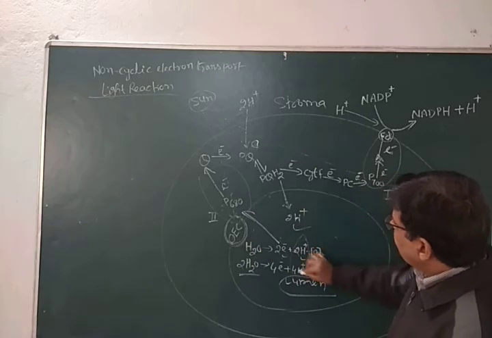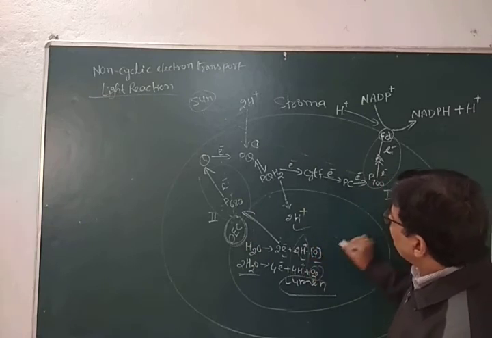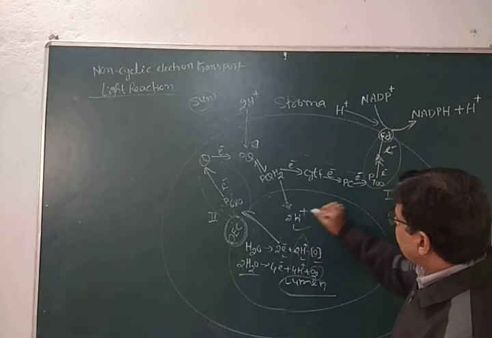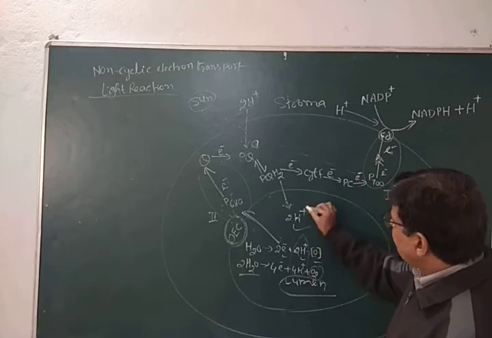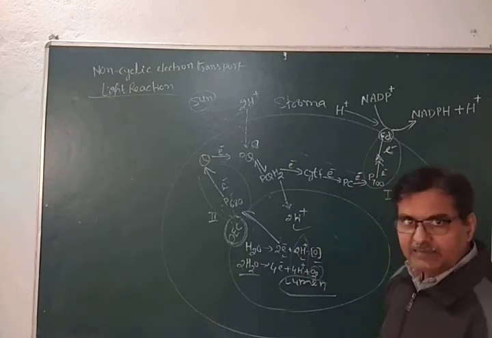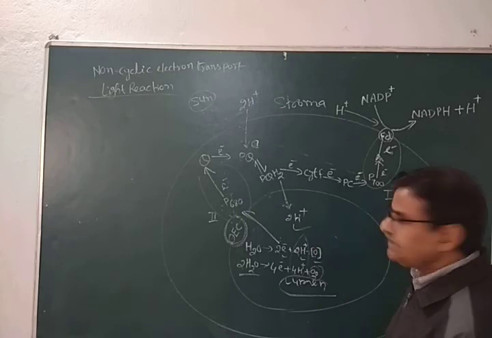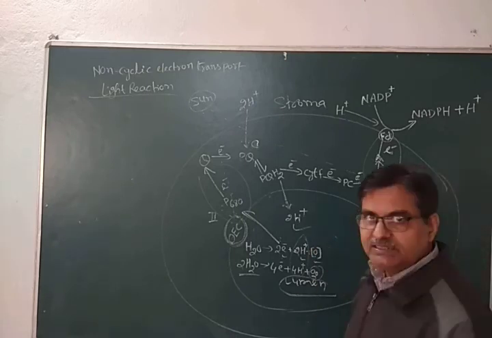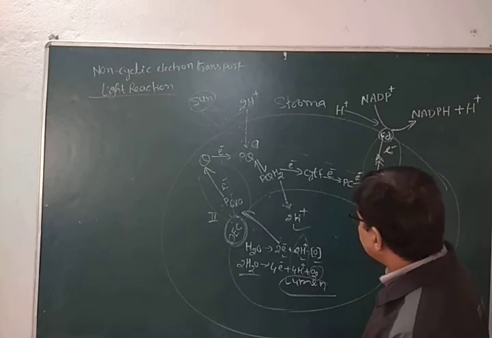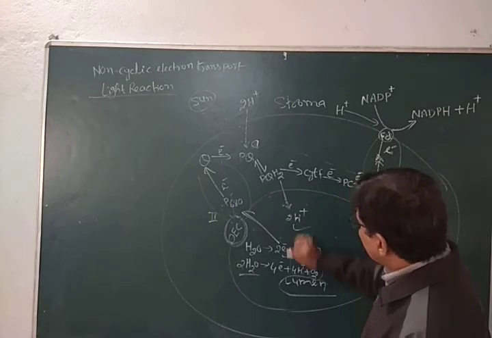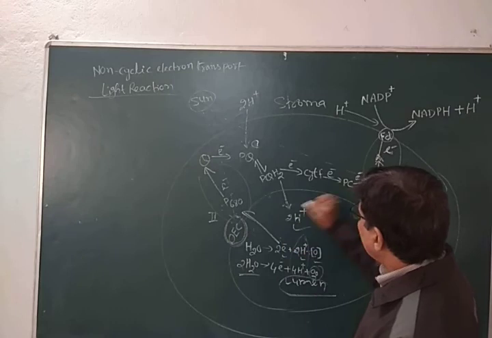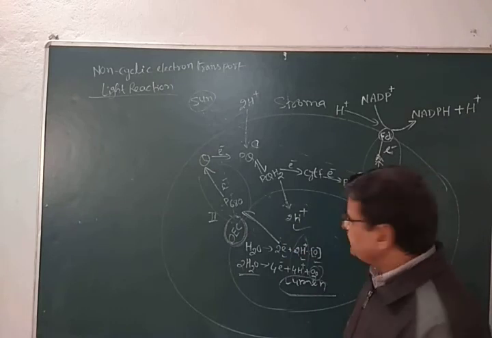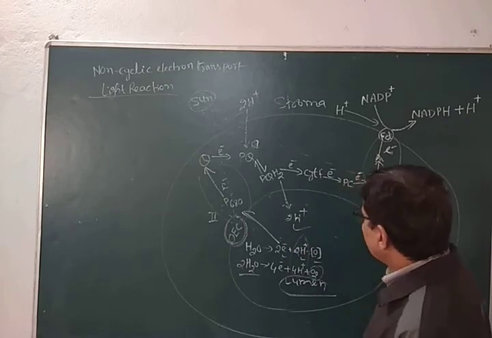This hydrogen proton now accumulated in the lumen of the thylakoid, and it helps in the synthesis of ATP, that we will discuss in the next class, how the ATP synthesis or photophosphorylation occurs. So due to this proton gradient in the thylakoid membrane, the ATP synthesis occurs, that we will discuss in the next video.